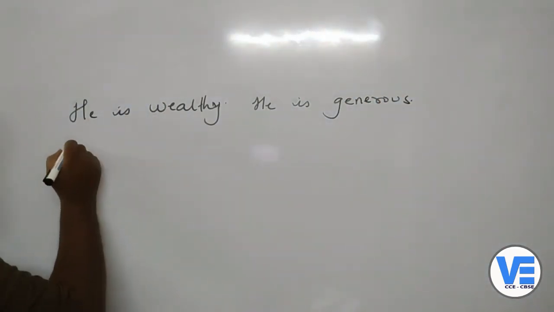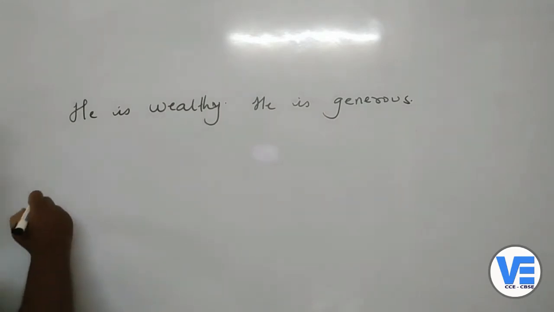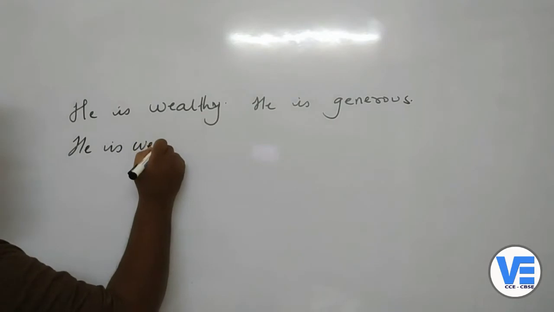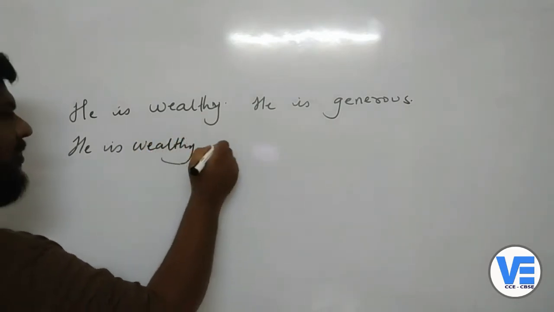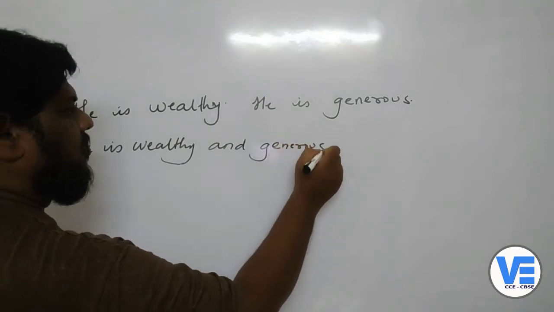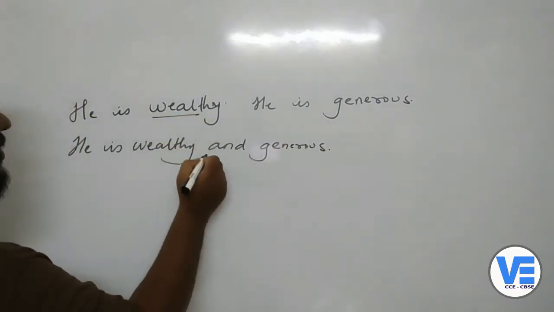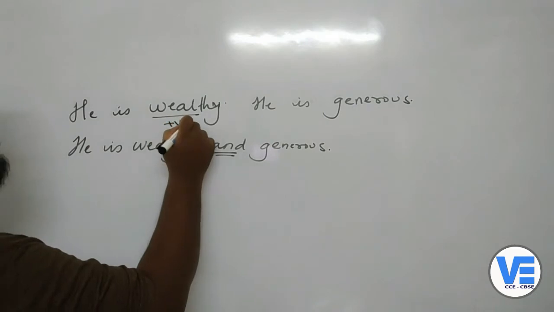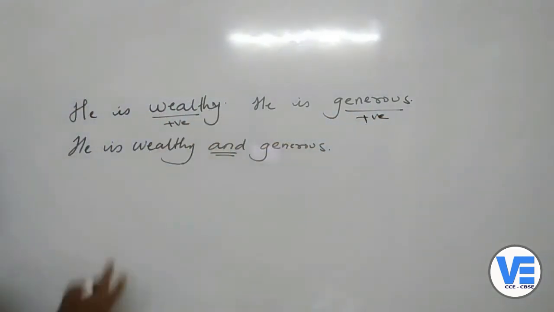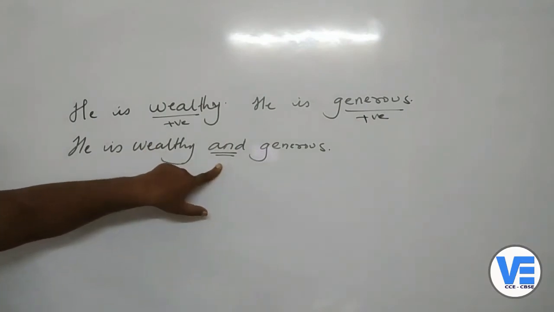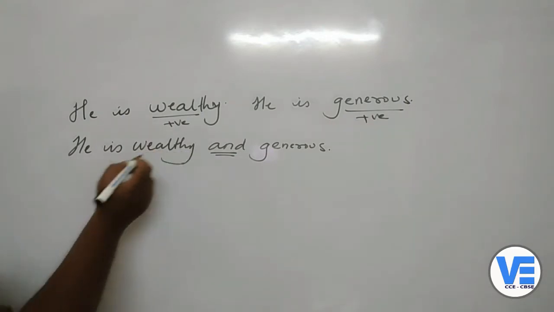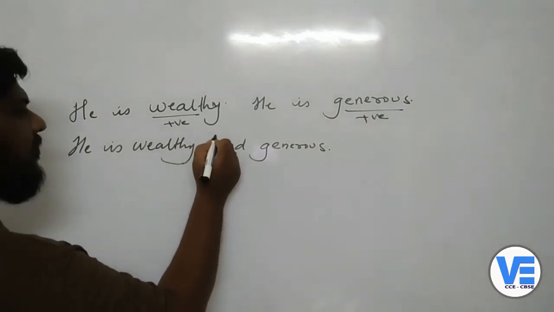So now here you can use a conjunction like this: he is wealthy and generous. We have used and here because it's also a positive sign. Even if there are two negatives, you can use and. If there is one positive and one negative, we'll use but. So he is wealthy and generous. This is one conjunction.